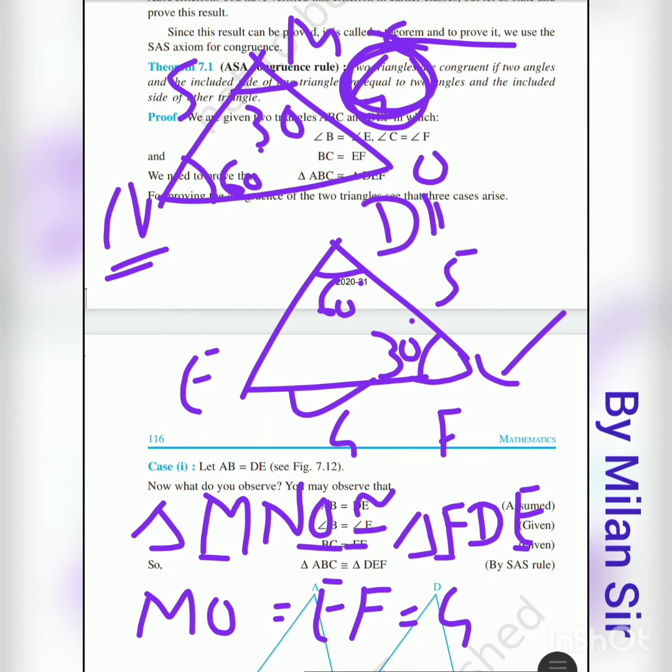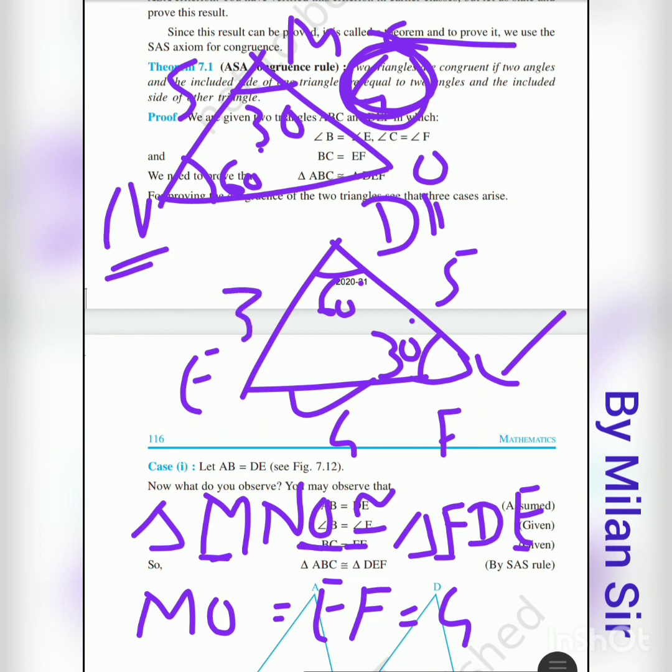CPCT means corresponding parts of congruent triangles. The reason is CPCT, corresponding parts, because as per the sequence they correspond, and the congruent triangles we already proved. So we can say corresponding parts of congruent triangles. If it is given that DE is equal to 3, right?